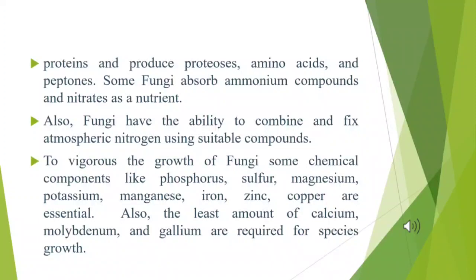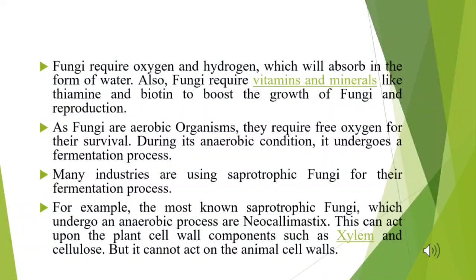For vigorous growth of fungi, some chemical compounds like phosphorus, sulfur, magnesium, potassium, manganese, iron, zinc, etc. are required. Fungi also require oxygen and nitrogen, which are absorbed in the form of water. Fungi require vitamins and minerals like thiamine and biotin to boost growth and also reproduction functions.